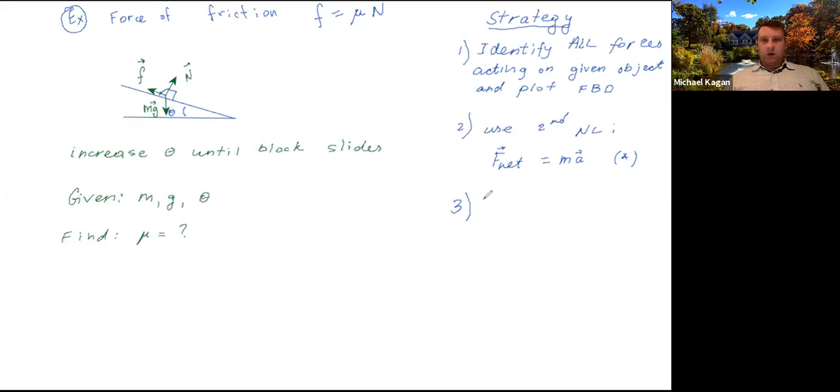And the way you extract them, you choose coordinates, x and y, for example, and project equation star onto x and y. Okay. And after that, physics is over. You do the math.